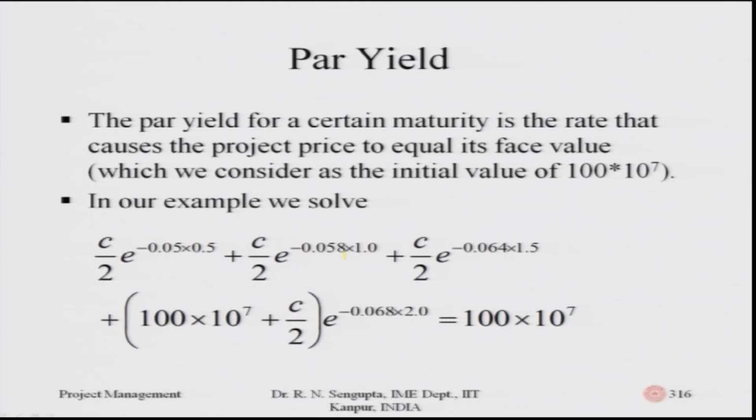Now, we will come to the concept of par value. So, the par value, what we have done is exactly the same here. The par yield for a certain maturity is the rate that causes the project price to equal its face value. In the first instance, IRR was when you put the net present value as 0.